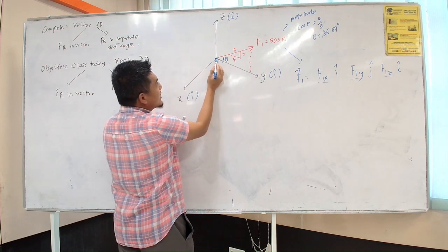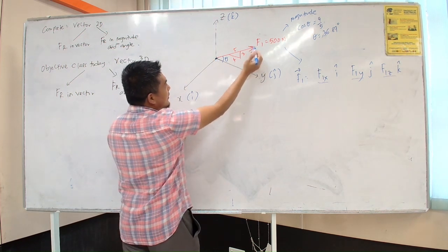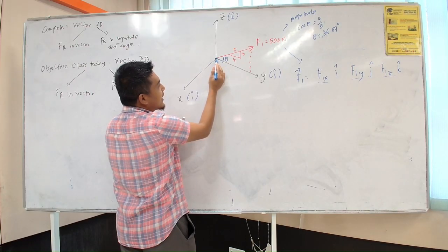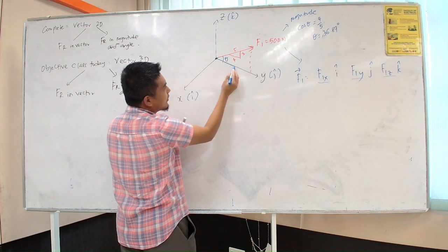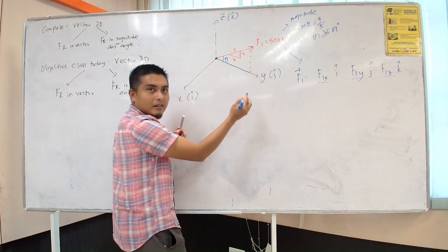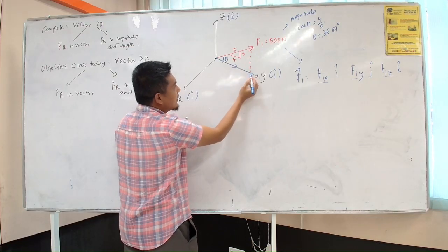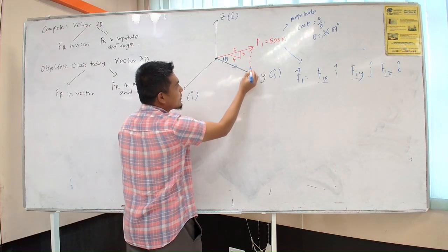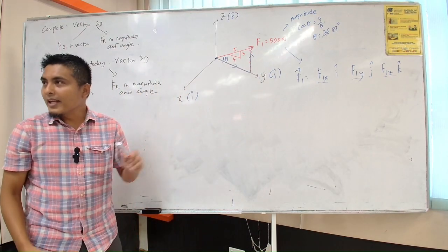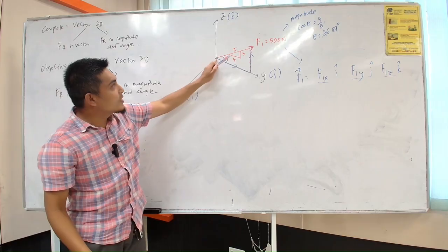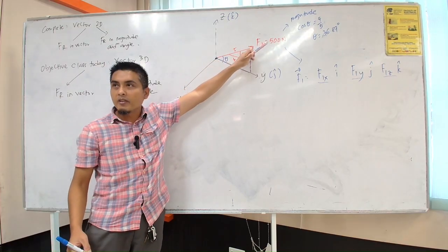So from the origin to get here, the direction must go to where first? Sliding to the y-axis first, and then go up. Then it will move from origin to the final point.